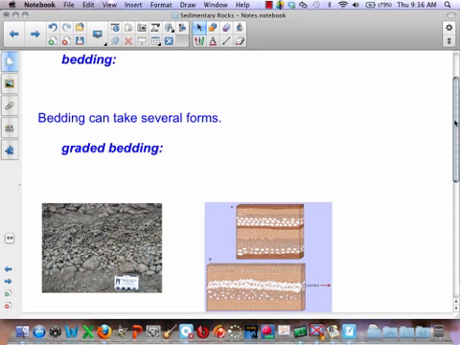So graded bedding is typically going to take place in a river environment. And what it actually tells you is that the river is changing its flow over time. So with the large pebbles, that tells you we had a really heavy flow. We were flowing fairly fast.